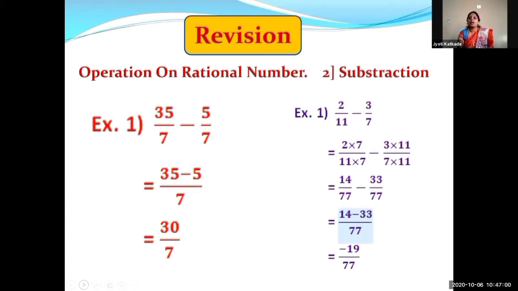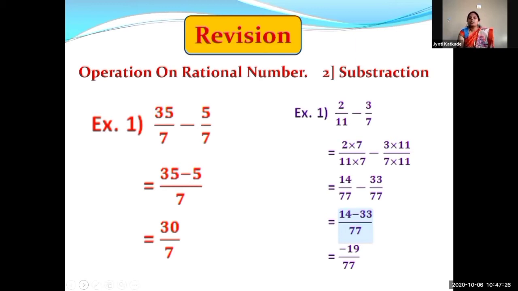So we have to make the denominator 77. What can we do? Multiply 2 upon 11 by 7, so we get 77 in the denominator, and multiply 3 upon 7 by 11, we get the denominator 77. So multiply it, 2 into 7 divided by 11 into 7 minus 3 into 11 divided by 7 into 11. Okay.